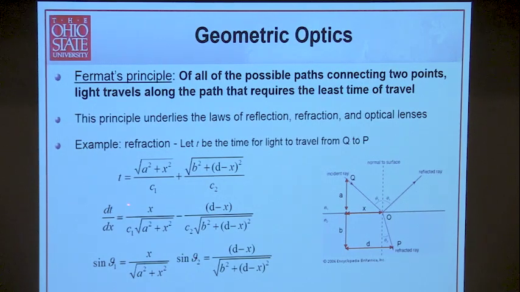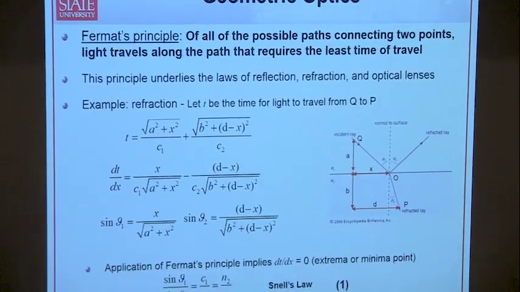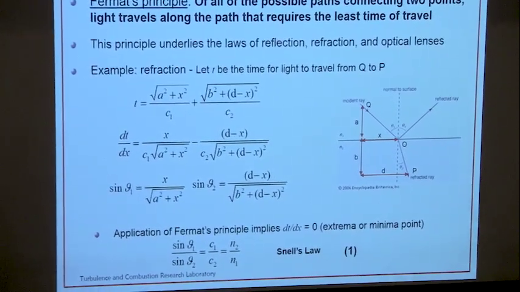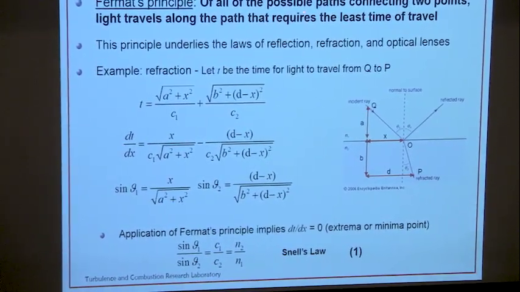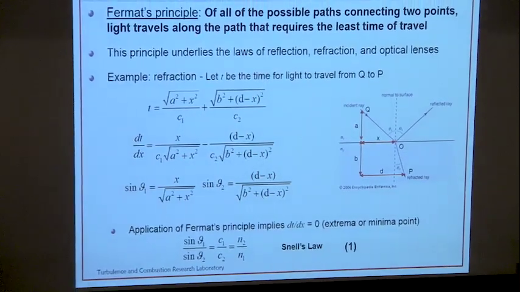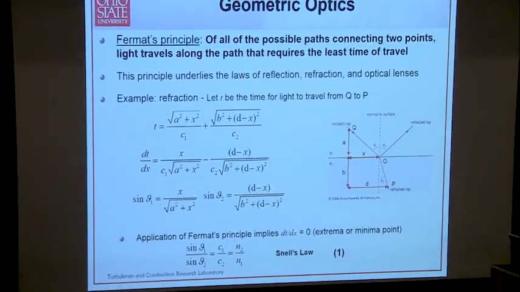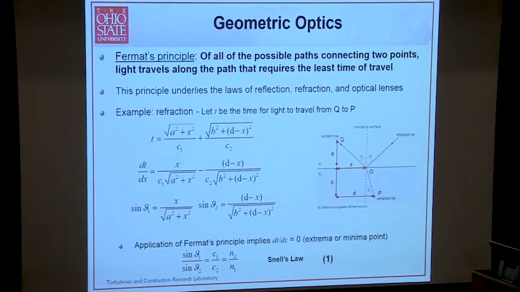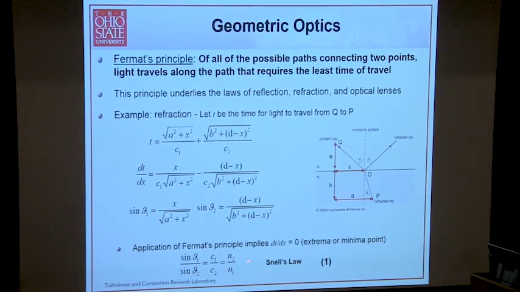And what we can do first is say Fermat's principle implies that light travels between the points it connects in the least amount of time. Well, that means dt/dx has to be equal to 0. Say it's a minimum. So we set this equal to 0, substitute our sines, and you end up with this expression, which is the well-known Snell's law. Okay?